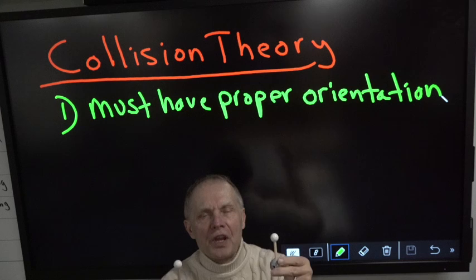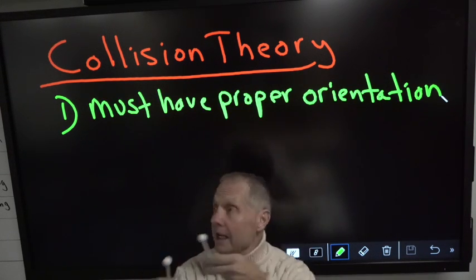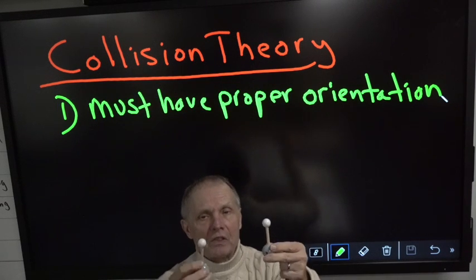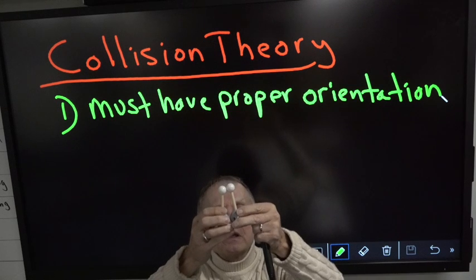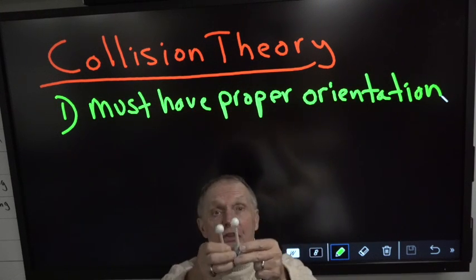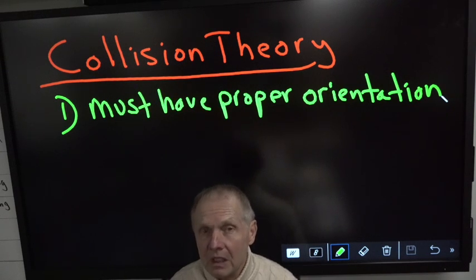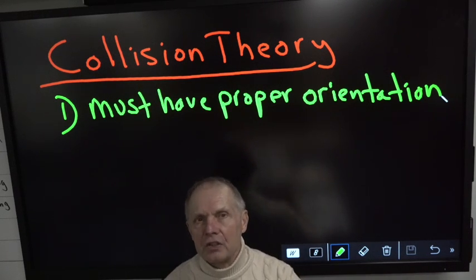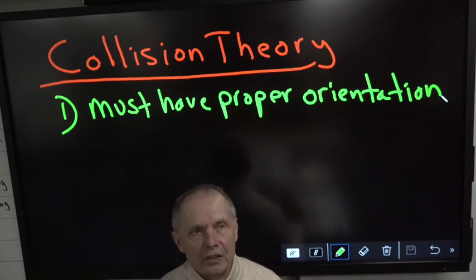So the other thing that two particles need, they not only need proper orientation, they have to have enough energy when they smash together to break the old bonds. And this energy has a name. And the name of the energy that's used to break the old bonds is called activation energy.